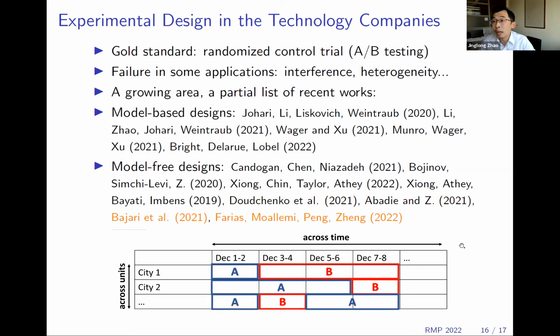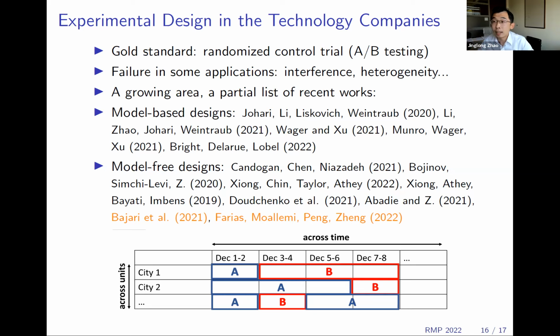And also, if you would like to further relax your treatment pattern so that it can be fairly general, then in this first paper, they propose to run double randomized experiments. And in the second paper by Vivek, Siamak, Tianyi, and Andy, they have some recent works using the matrix completion idea to conduct experiments.